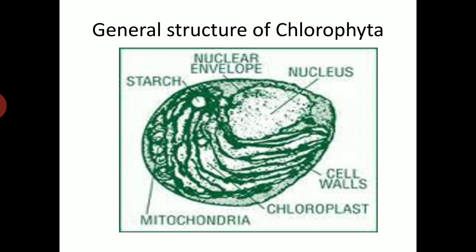The nucleus is definitely organized with a double layered porous nuclear membrane, one or more nucleoli, and shows presence of characteristic centromeric chromosomes.